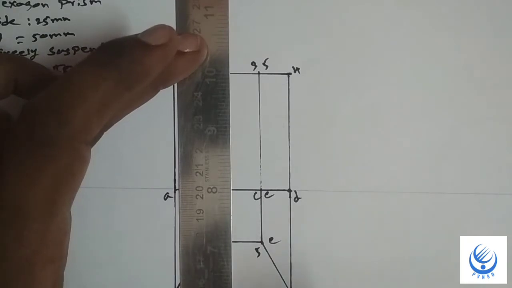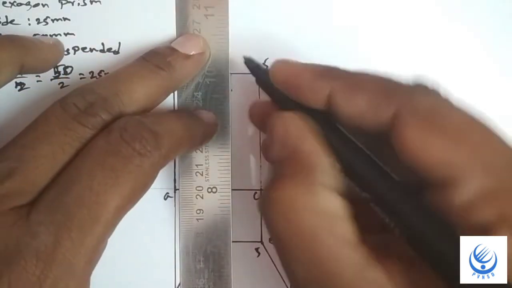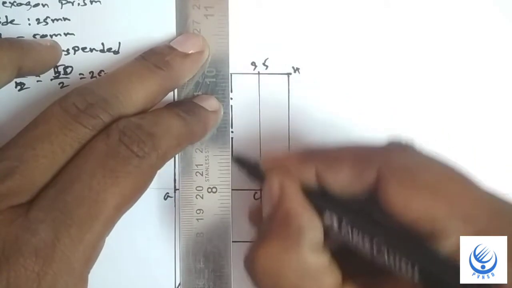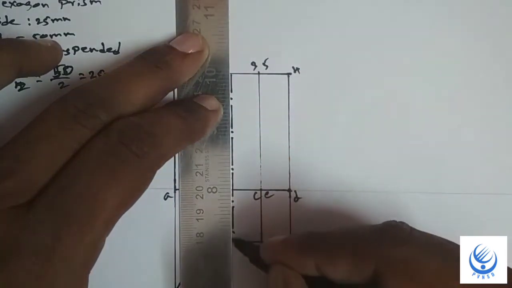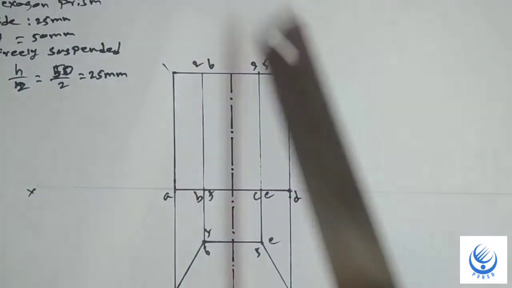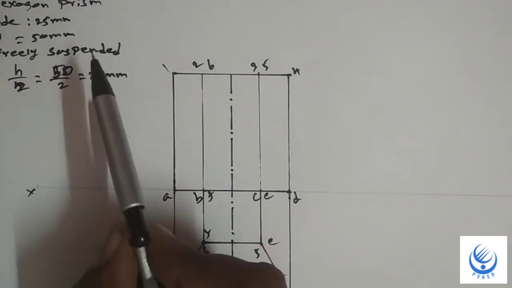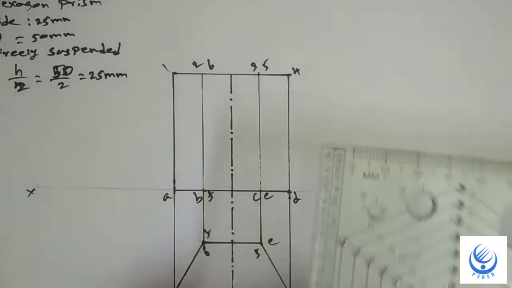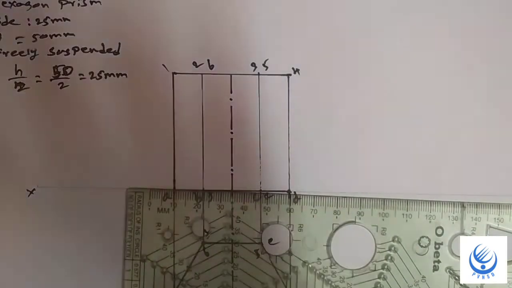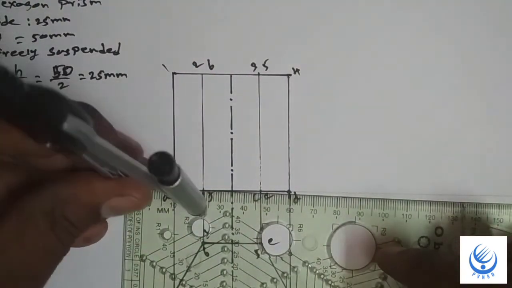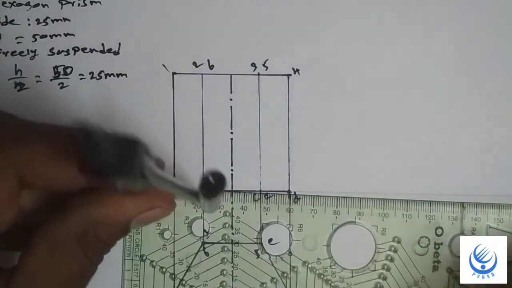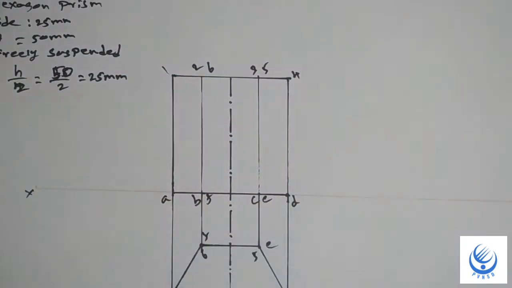First draw the center of the hexagon. This is the center line of the hexagon. Now to draw the freely suspended line, this distance is 25 mm. Take a compass and measure a distance of 25 mm.